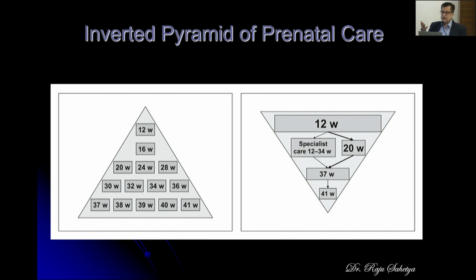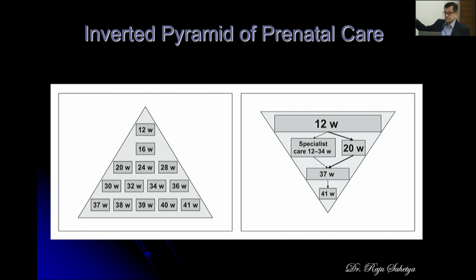So the new era came when Kypros Nicolaides started working on screening. So the first 12 weeks of pregnancy became very important, and then you all know, we all practice now, that every 2 weeks what we have to do, we have to see the first scan to see whether it is intrauterine or extrauterine, and then cardiac activity and the growth, and then we do the NT scan, and then we also now are in an era where we do a fetal anatomy scan even between 12 and 14 weeks, and almost up to 97-98% we are sure that at least there are no anomalies, which are to be confirmed of course later.